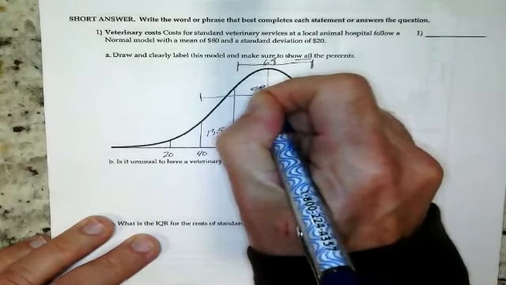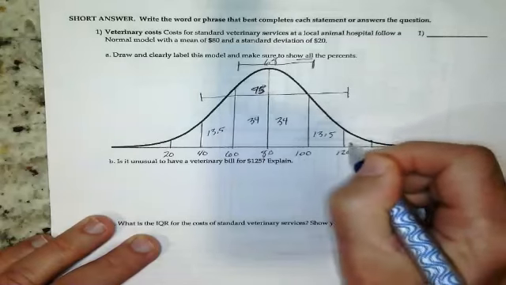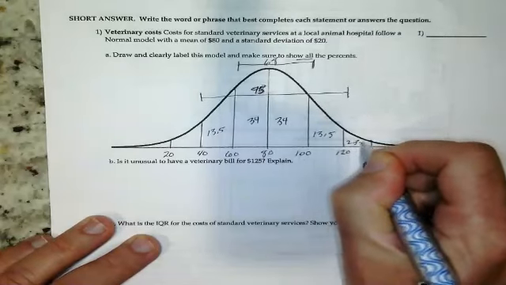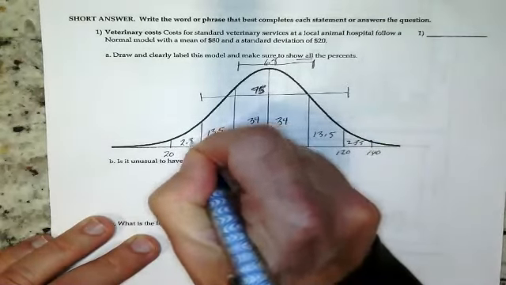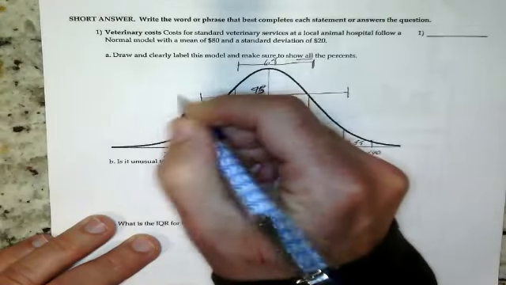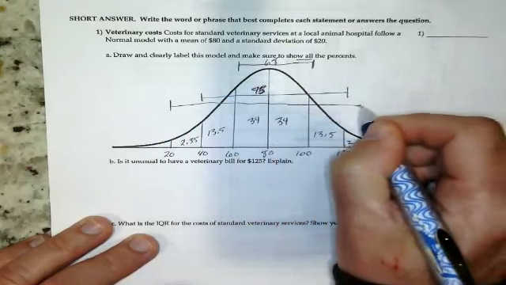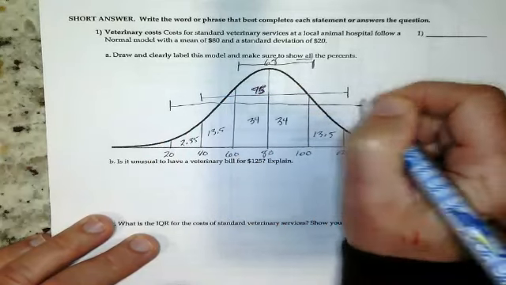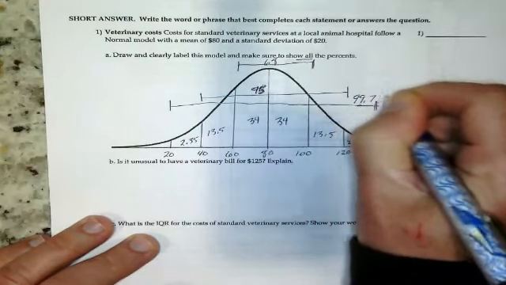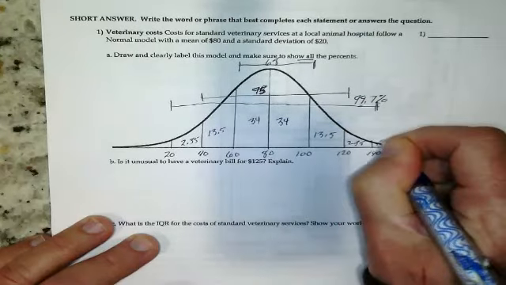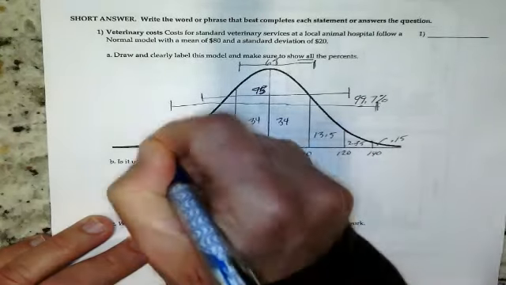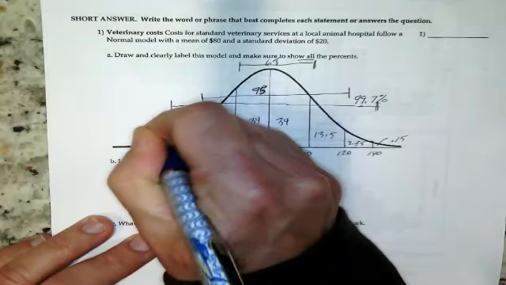That's 95. This is 2.35, this is 2.35, which the grand total from here across to here makes 99.7%. And so that means that these back here are both 0.15 and 0.15 for my total of 100.